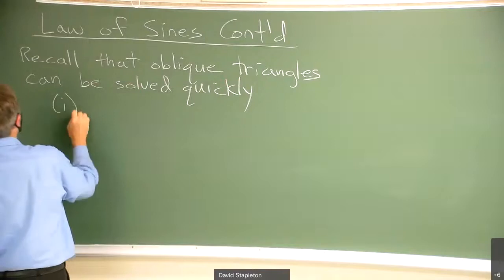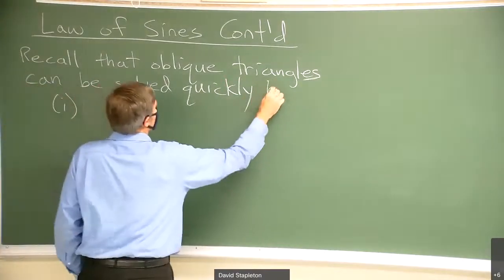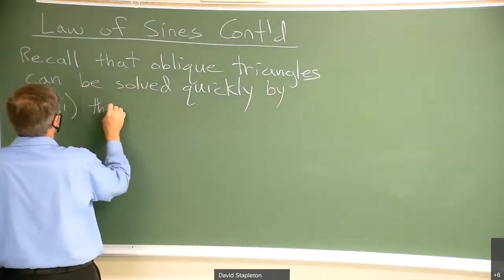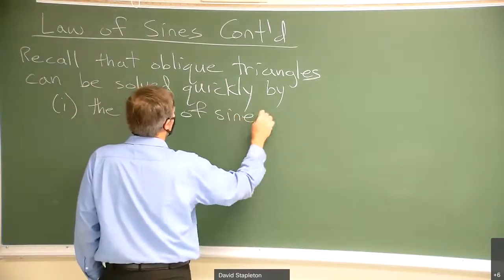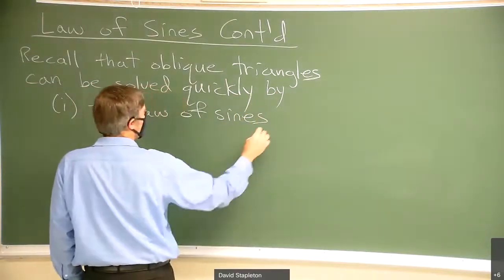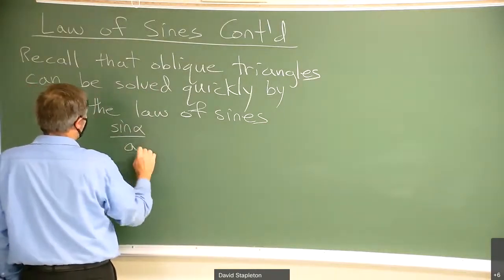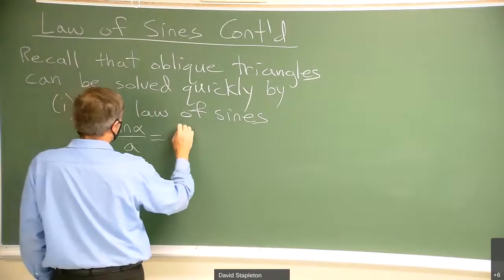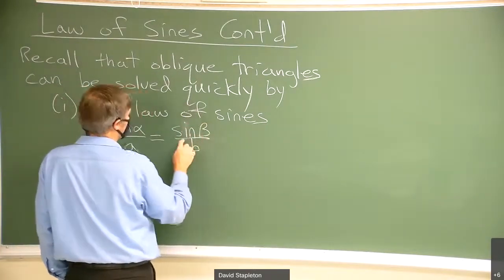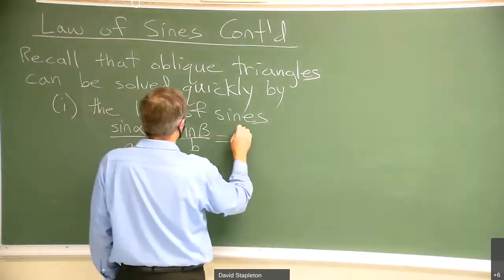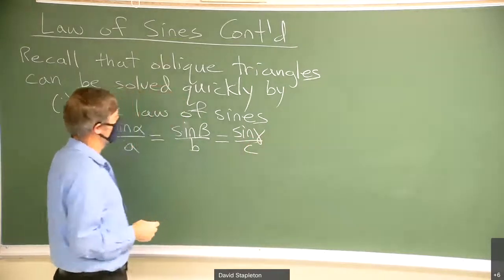One, by the law of sines, which says this: sine alpha is to A, the side opposite alpha, as sine beta is to B, the side opposite angle beta, as sine gamma is to C, the side opposite angle gamma.